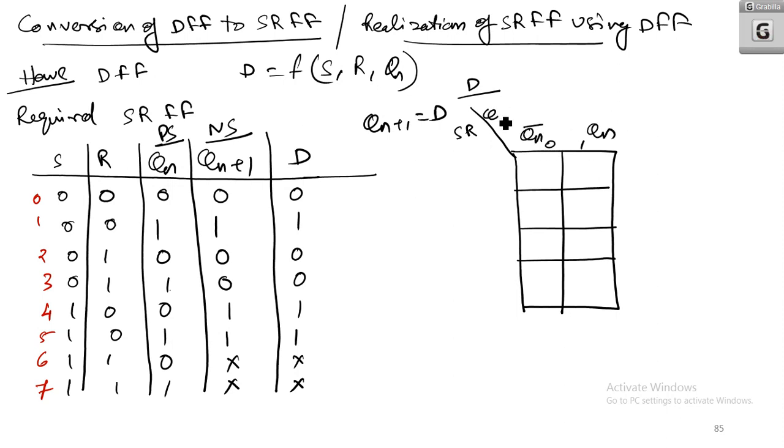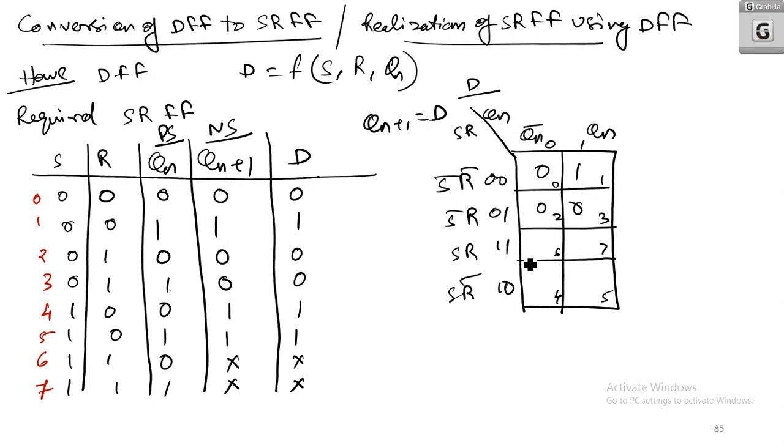Columns are 0 0, 0 1, 1 1, 1 0, that is S bar R bar, S bar R, S R, S R bar, with cells 0, 1, 2, 3, 4, 5, 6 and 7. Now for 0, 1, 2, 3 we have 0, 1, 0, 0, and for 4, 5 we have 1, 1, and 6 and 7 are don't care.